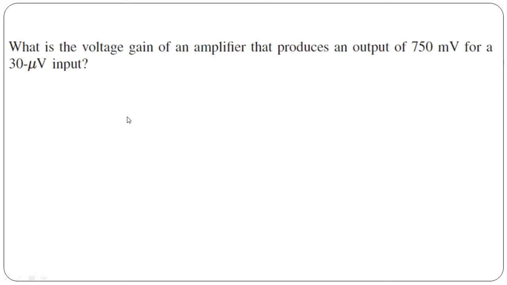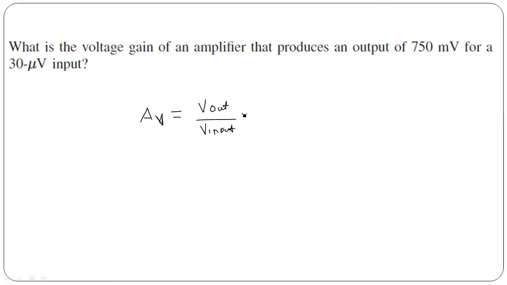Okay? So, let's have an example. What is the voltage gain of an amplifier that produces an output of 750 millivolts for a 30 microvolt input? So, gain or voltage gain, usually dinidenote natin as A, tapos merong script dito na small v. So, voltage gain is equals to V out, ibig sabihin yung voltage dun sa output divided by voltage signal dun sa input.